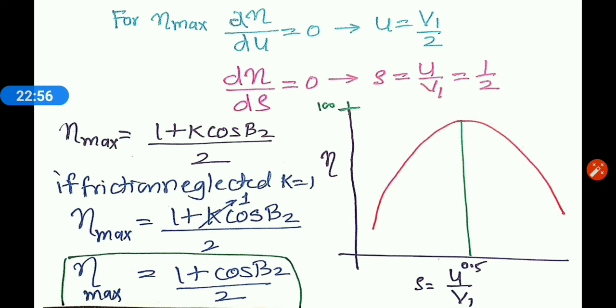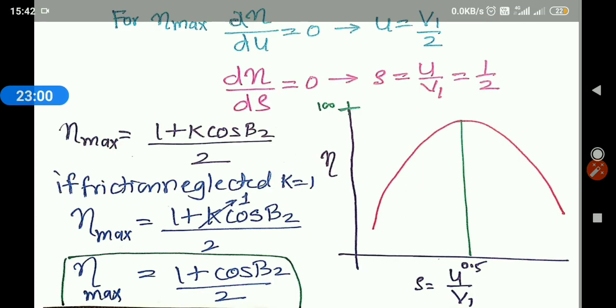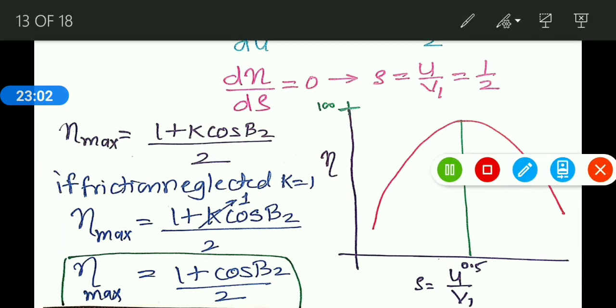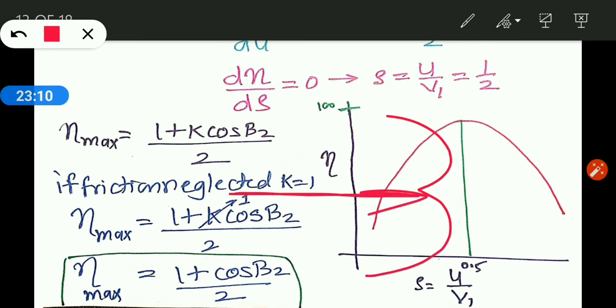The reason is that if this is the bucket, then for one particular blade speed ratio only, the water will enter smoothly and exit smoothly, with minimum losses. So that will be only one value.